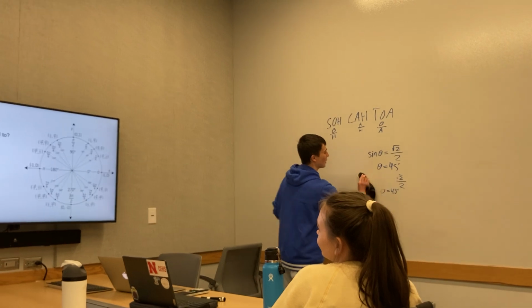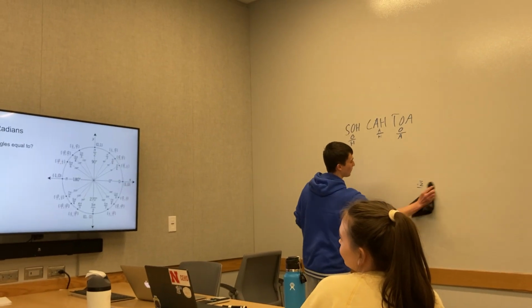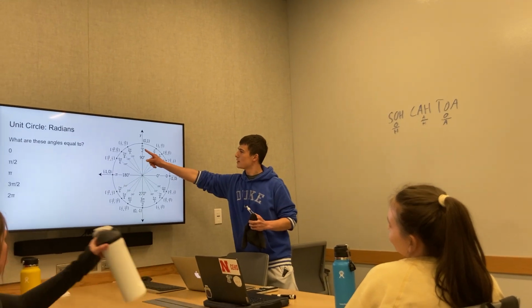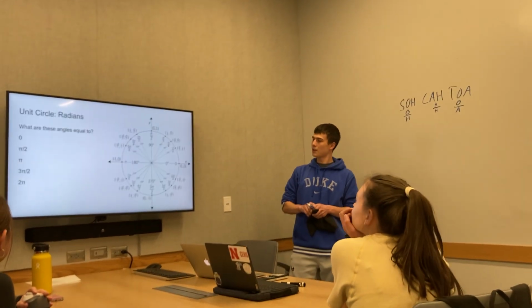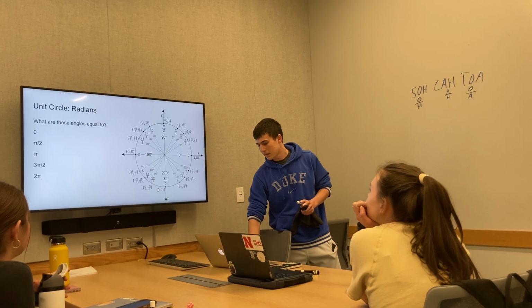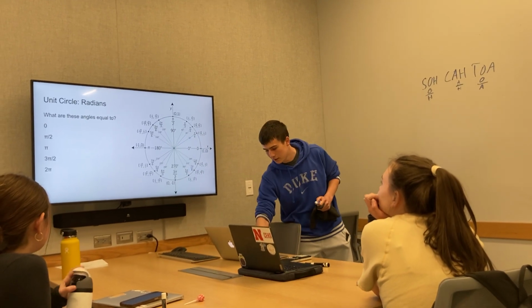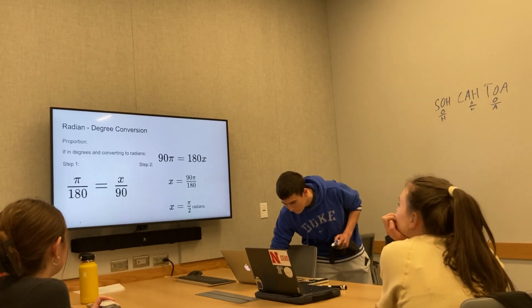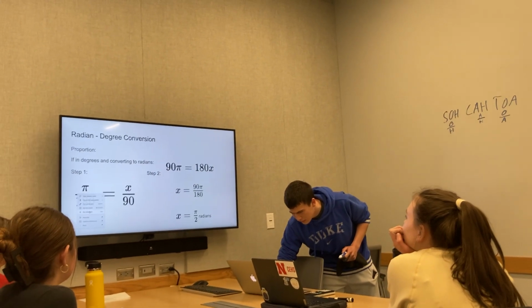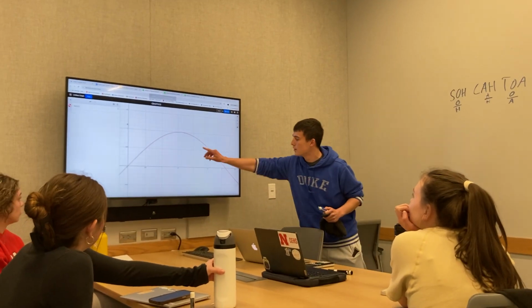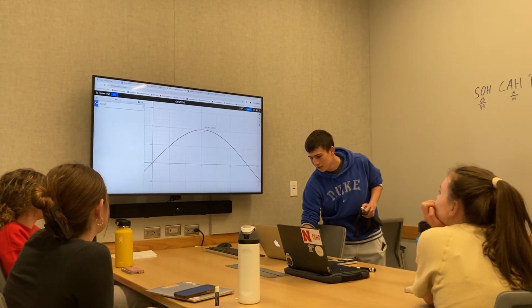Based on our unit circle, it says 90 degrees and pi over 2 are the same thing. How can we prove that? Based on our Desmos, when sine equals 1, we're at pi over 2.